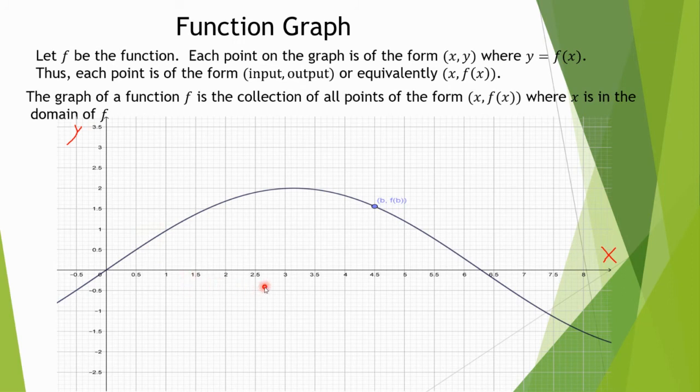If we consider, I don't know, f of 3, well, again, here's 3. In this case, we move vertically to the graph. And now we move horizontally to the left to get to 2, as you can see. So f of 3 here would be 2. Since (3, 2) is on the graph, f of 3 is 2.